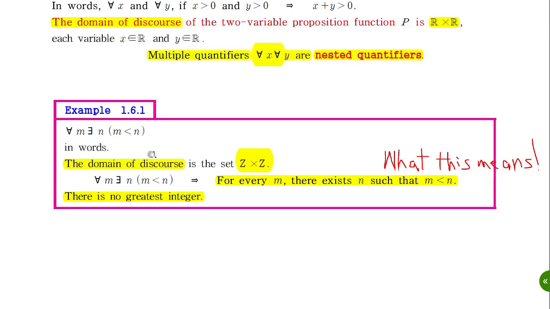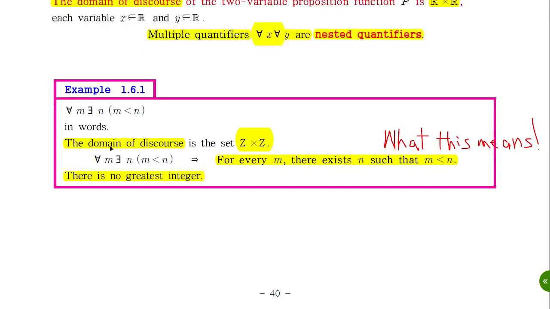In words, what does it mean? The domain of discourse is the set Z cross Z. Okay, the integers and integers. And for all m, there exists n such that m is less than n. What does this mean in words? These are integers.